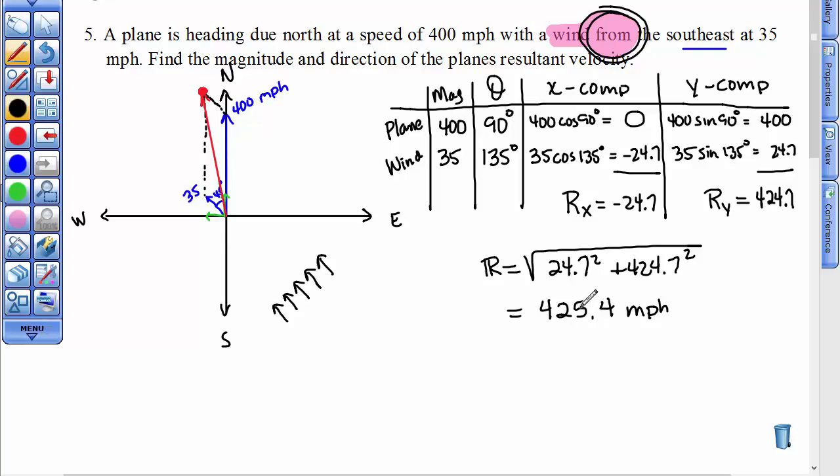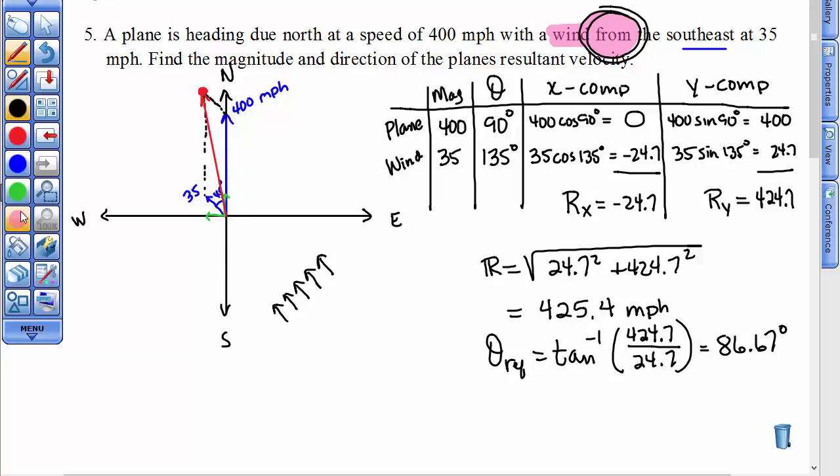The reference angle is the inverse tangent. Remember that I just use the y value divided by the x value, and I use positive numbers. I don't use the negative sign to get my angle, and that angle is 86.67 degrees.